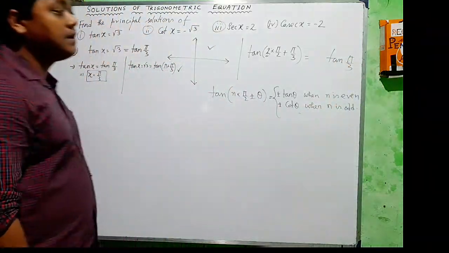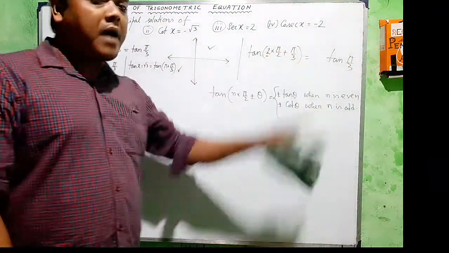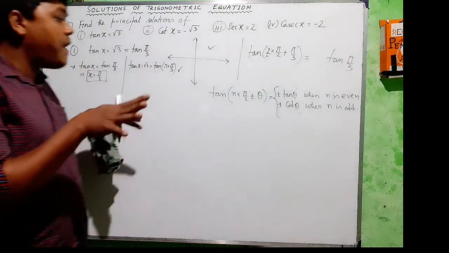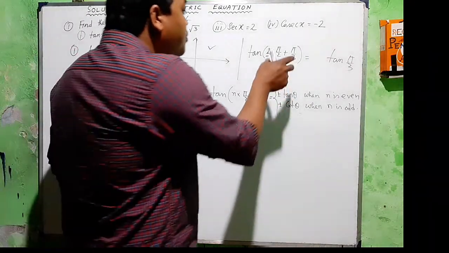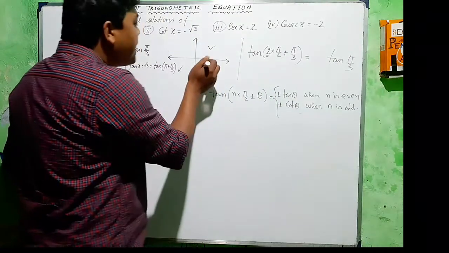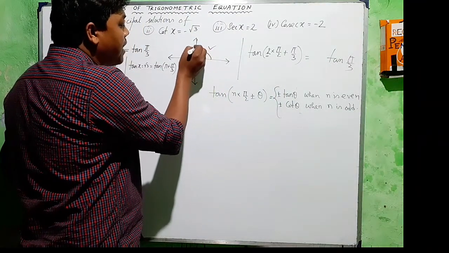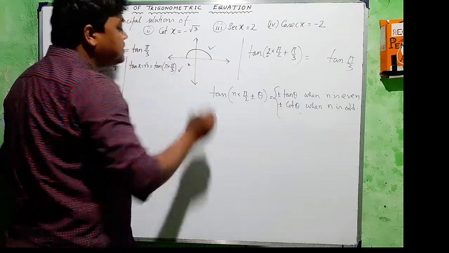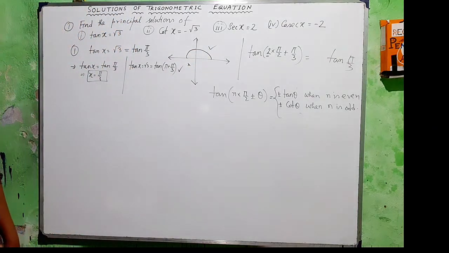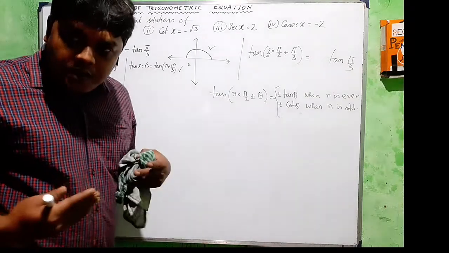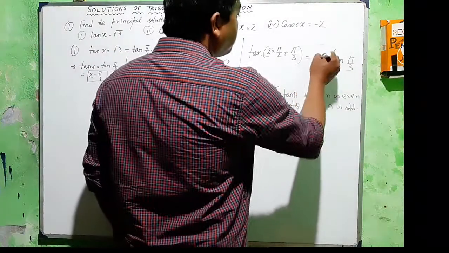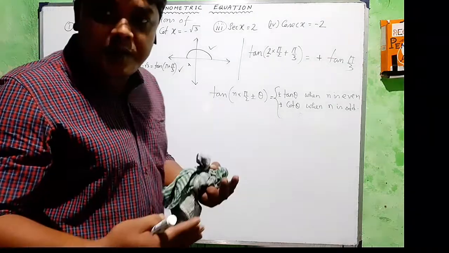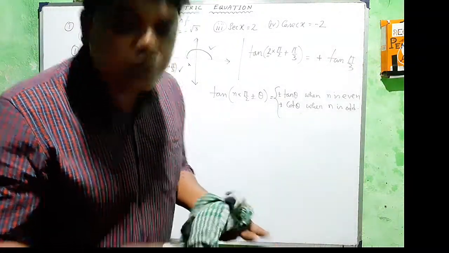Am I right? So the sign may be plus or minus according to the quadrant. First we have to see in which quadrant pi plus pi by 3 lies. First I go to pi by 2, next 2 into pi by 2 plus pi by 3, that lies in the third quadrant. And in the third quadrant tan is always positive, so it is the positive sign. That means tan pi by 3 and tan of pi plus pi by 3 have the same value.